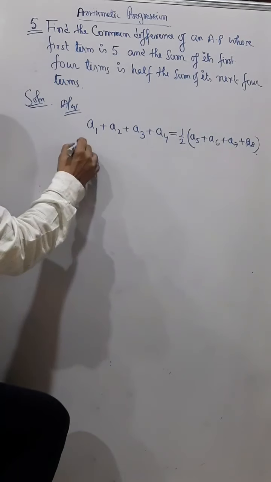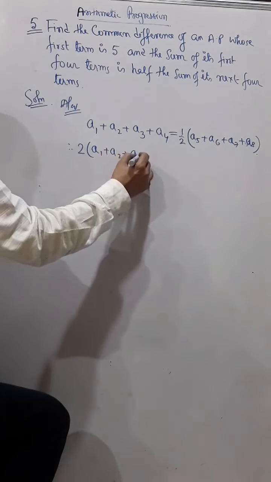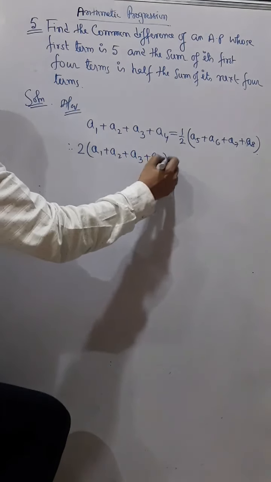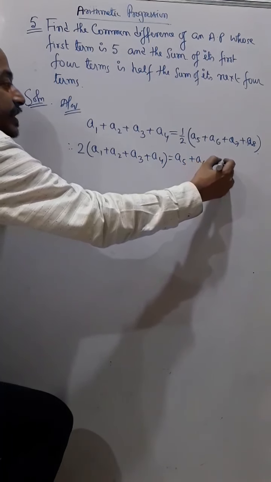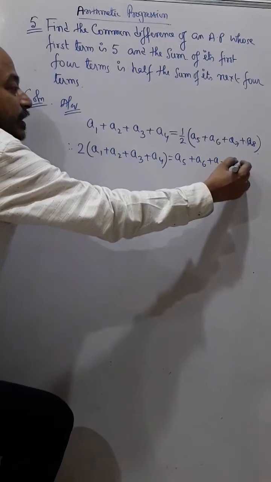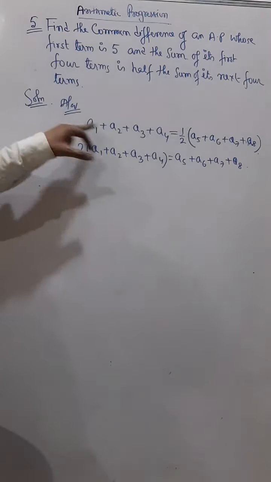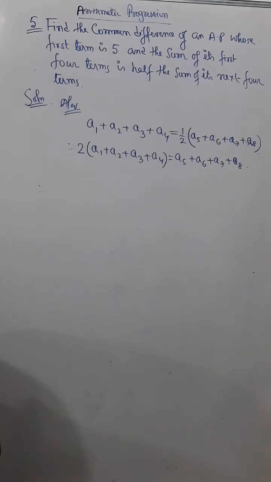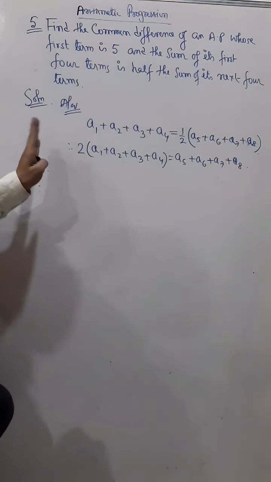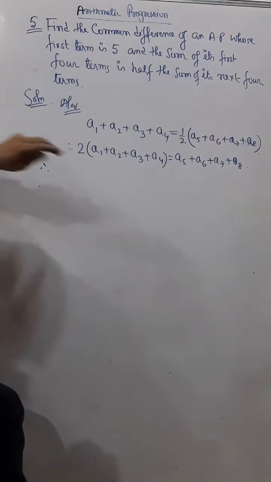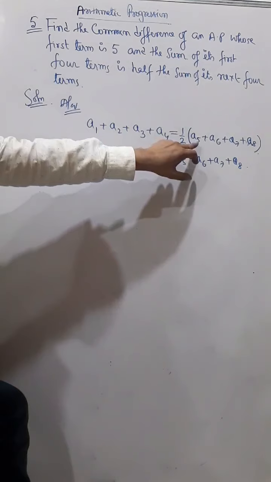So from here we can say 2 into A1 plus A2 plus A3 plus A4 is equal to A5 plus A6 plus A7 plus A8. Okay, understand? So this is according to the question. So finally we can say that there are 8 terms in this AP, in which the sum of the first 4 terms is equal to half of the sum of the next 4 terms.